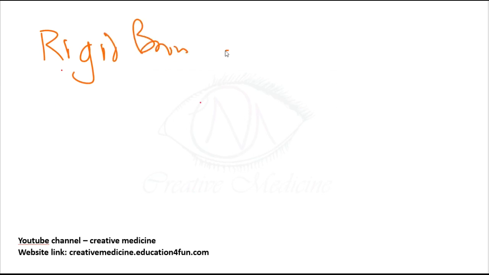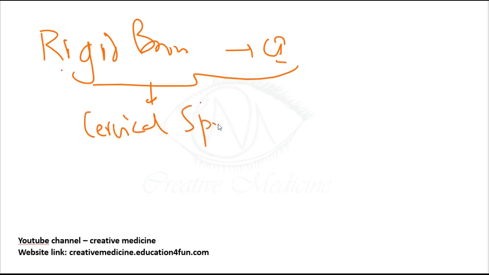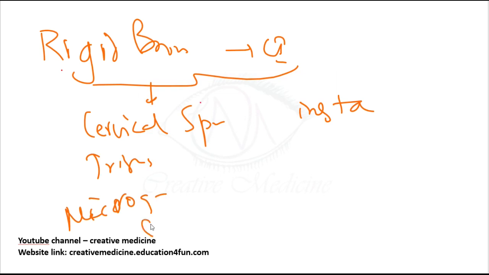What are those conditions? Rigid bronchoscopy is contraindicated if there is cervical spine instability, trismus, micrognathia, and also recent MI.